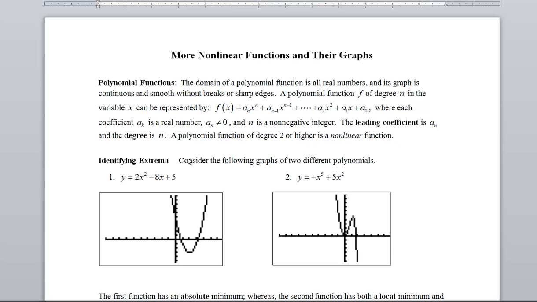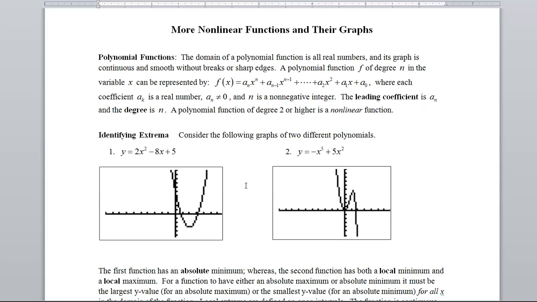So first thing we're going to look at with respect to nonlinear functions is identifying the extrema. Let me move this down. It says consider the following graphs of two different polynomials. Here's our old quadratic. I'm calling it old because we've had it. It's a parabola concave up. This is a fifth power.